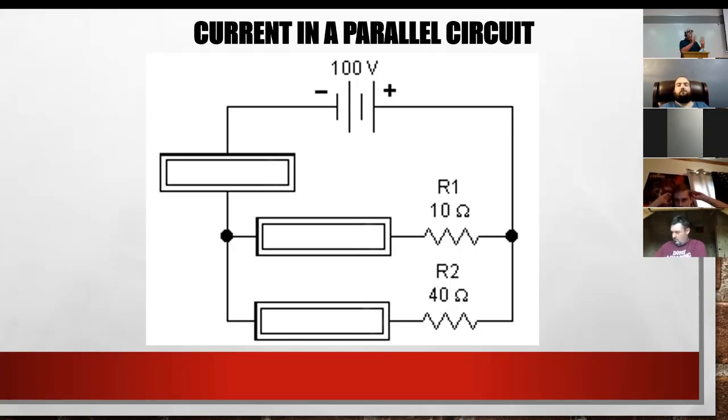But in a parallel circuit, when the current's dividing inversely proportional, that means that the larger resistor is getting the lesser amount of current because it offers more resistance. That should make sense. So, think that through, wrap your head around it till it makes sense to you.